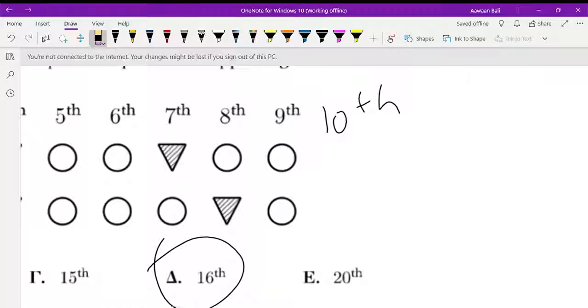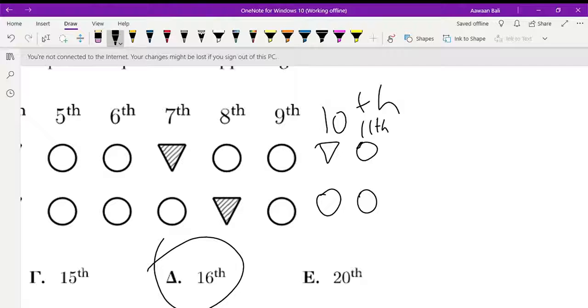So now if we're going to the 10th one, we know there's a pizza, but there's no pizza here. Again, pizza, a circle. And then we have pizza, but we have a circle here. Then we have a circle, but there's a pizza.